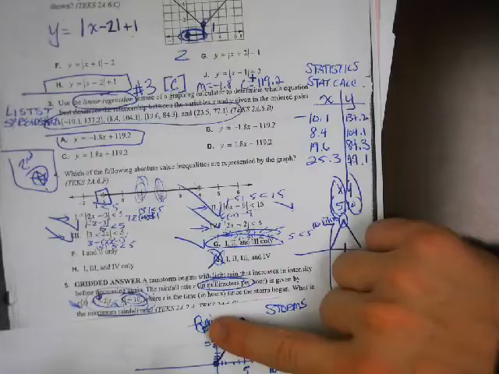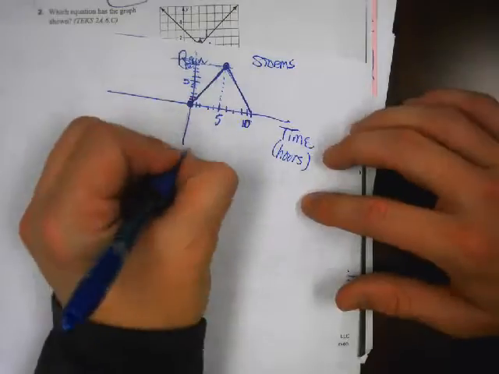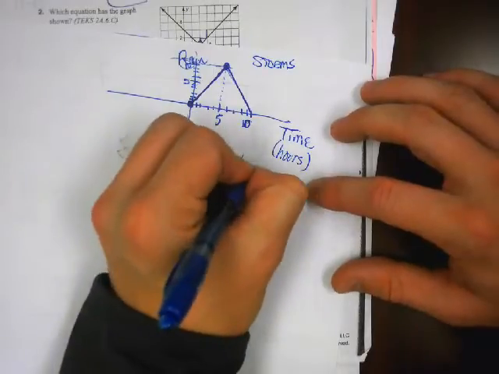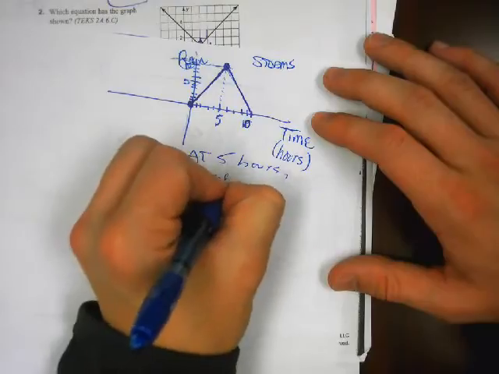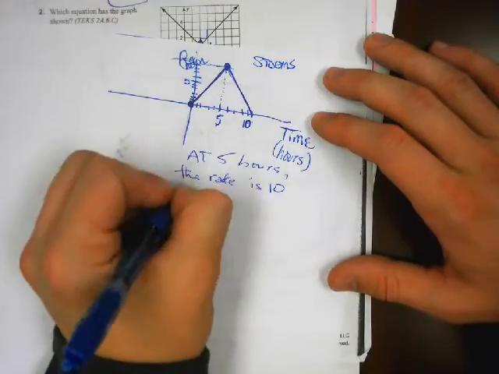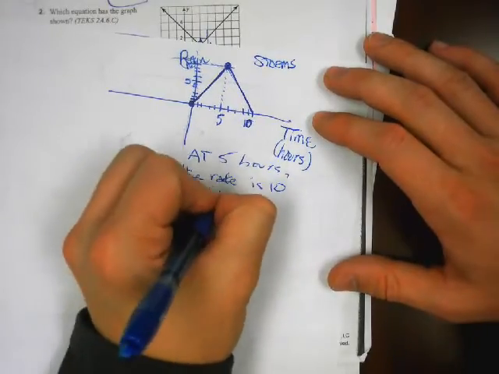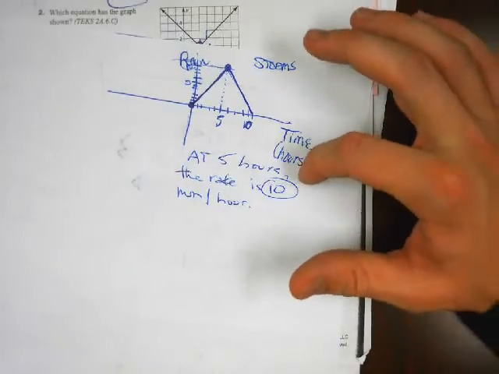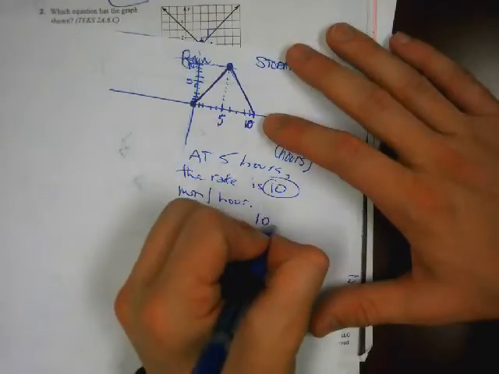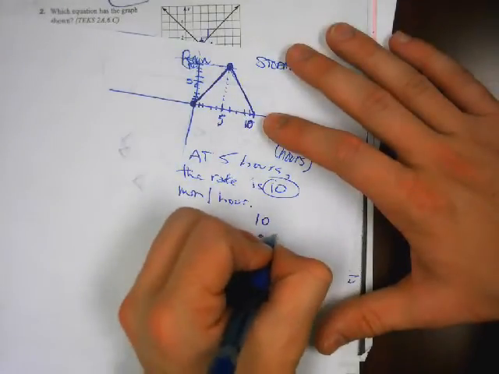And that's the griddable that we put in here. We just say at 5 hours, the rate is 10 millimeters per hour. And this is a griddable question, so you would go over to your griddable and you would put in 10, and then you'd bubble in at the bottom.